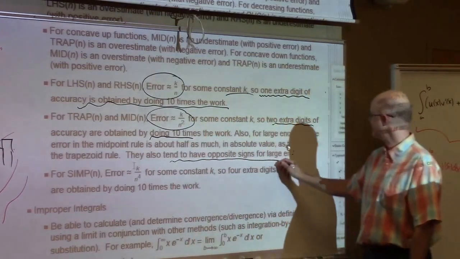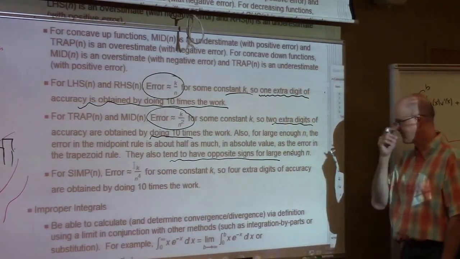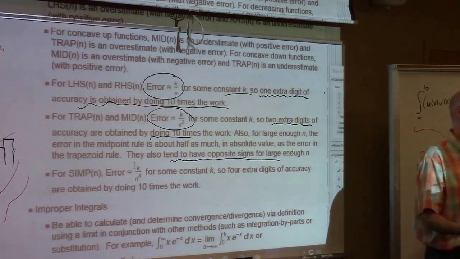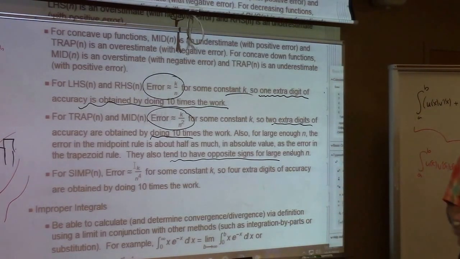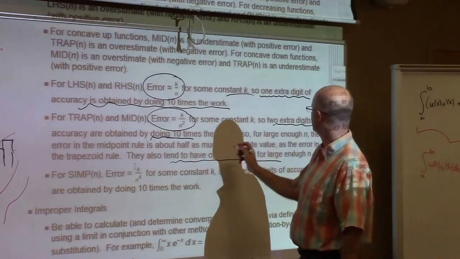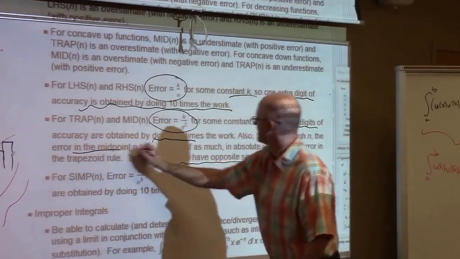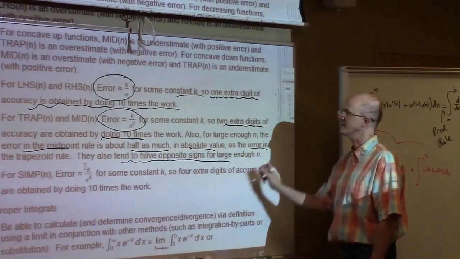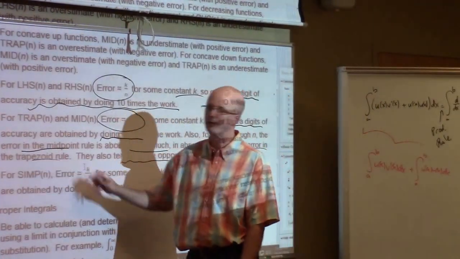Mid and trap also tend to have opposite signs for large enough n, and that's why we define Simpson's rule as a weighted average, and the midpoint rule is about twice as good. The error in the midpoint rule is about half as much in absolute value as the error in the trapezoid rule.